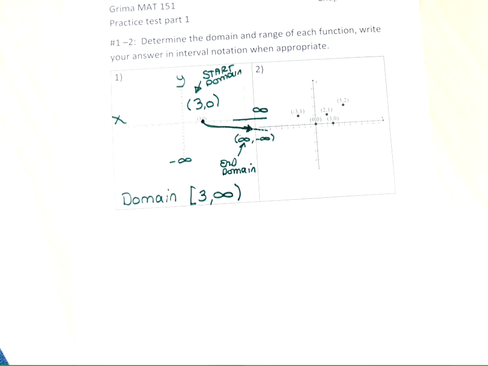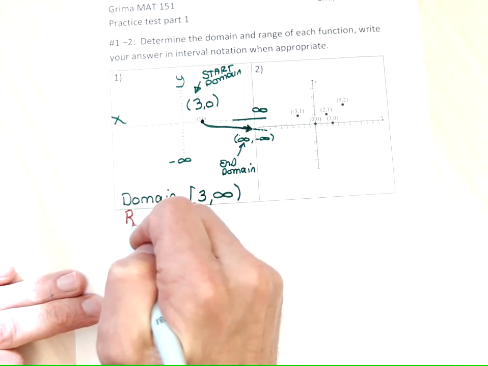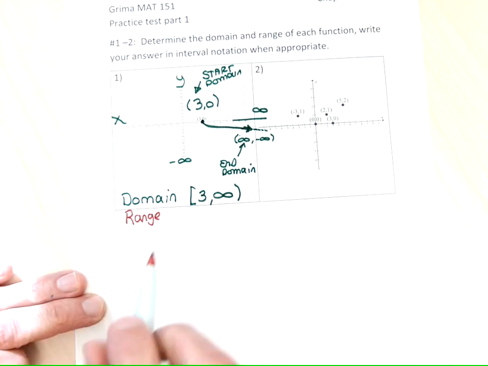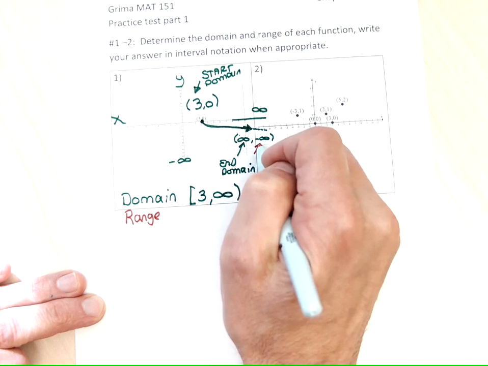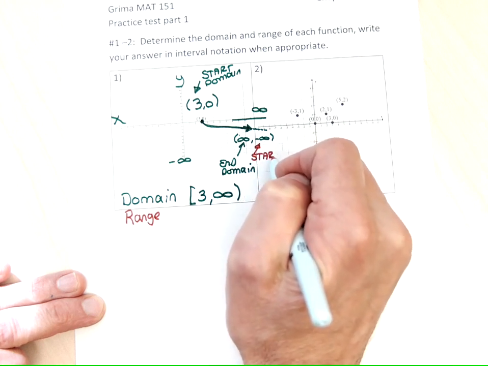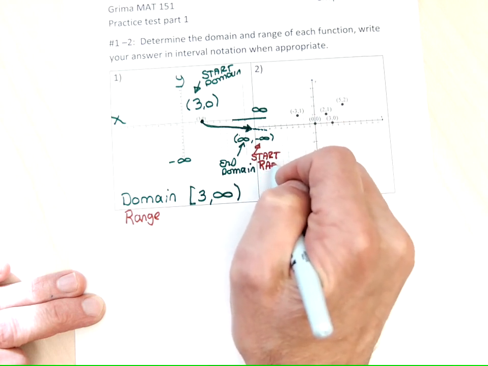When I go to do the range for the same graph, I'm picking off y's, the y at the bottom of the graph and the y at the top of the graph. This point, (infinity, negative infinity), is actually going to contain the start of my range because it's the bottom point of the graph. To do the domain, I'm working from left to right and looking at x's.